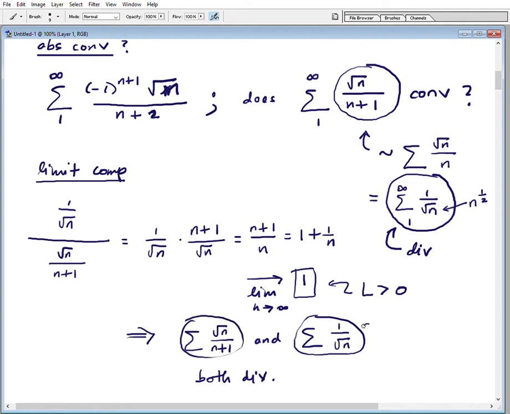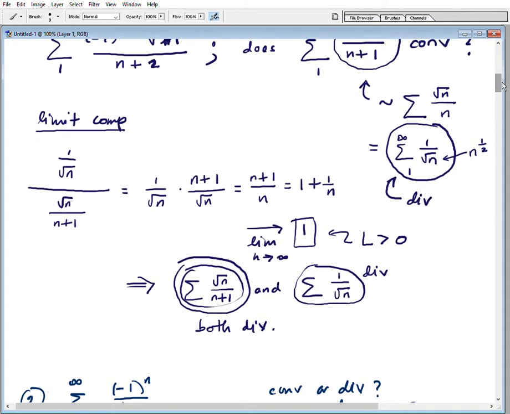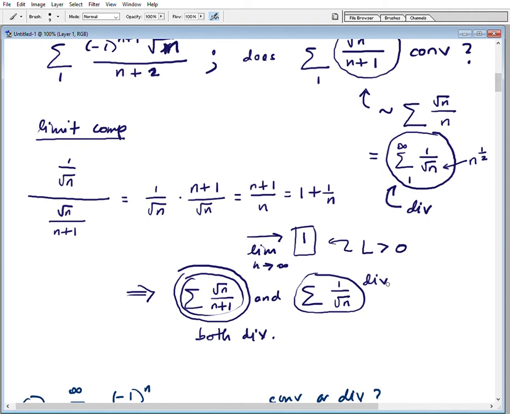So we already know that this one diverges. So that means this one also must diverge. So they do the same thing. If the limit comparison is some number greater than 0, that means they're the same in terms of converging or diverging. So that one diverges, so the first one diverges. All right, so that would mean not absolutely convergent. So that's what we conclude there.